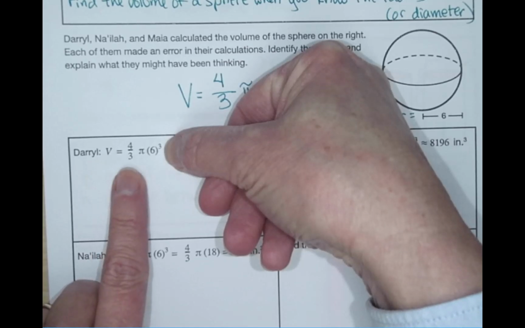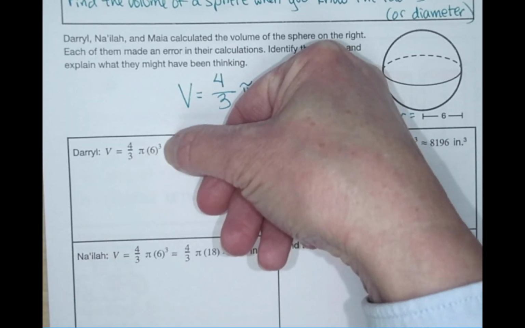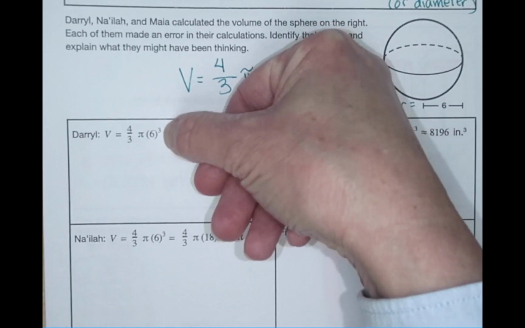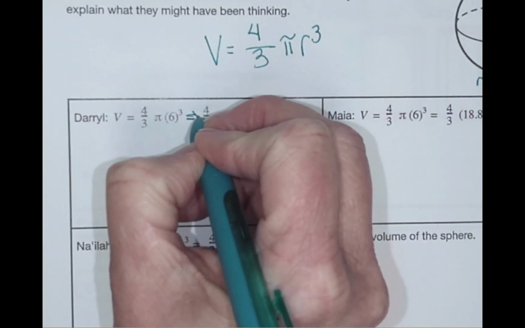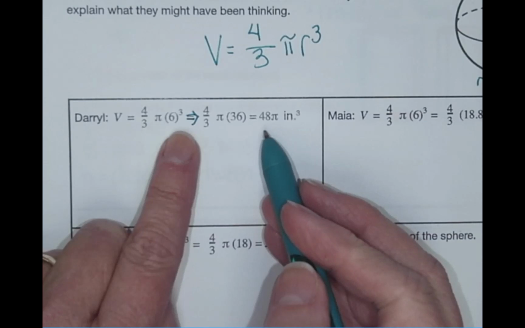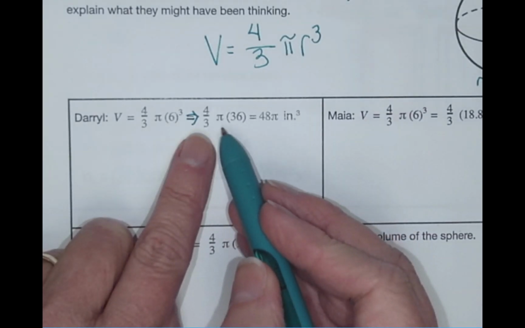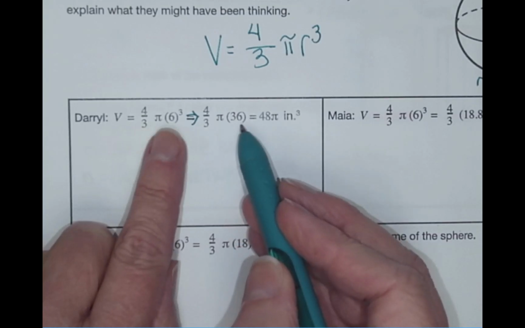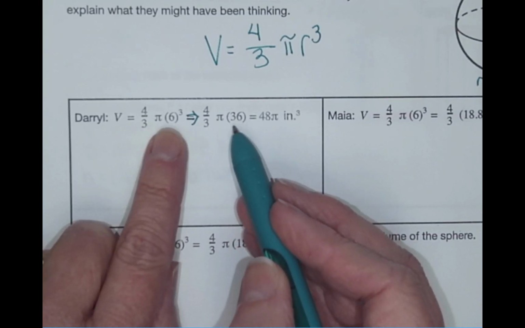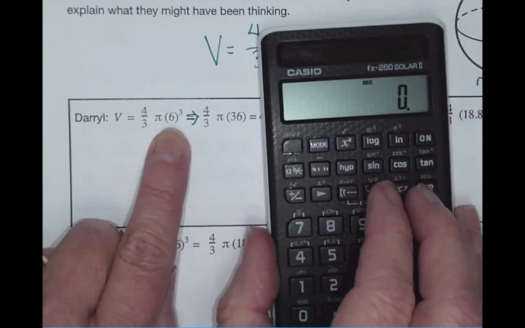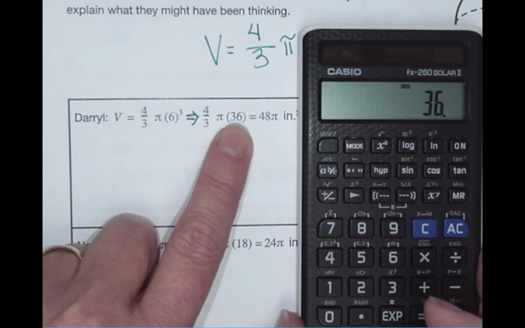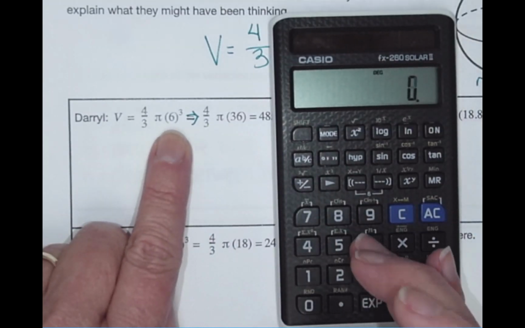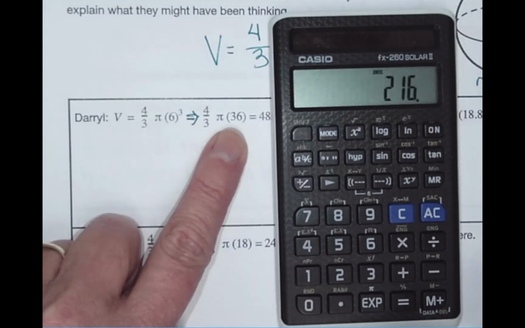Daryl said the volume was 4/3 times pi times 6 cubed. I'll remind you that means 6 times 6 times 6. Let me zoom in just a smidge here. And when he simplified it, he wound up with 4/3 pi, okay, that looks right, times 36. Well, something seems a little off here. And I think what it is, he was so used to doing pi r squared, he just did 6 times 6. That's 36. But we need 6 times 6 times 6. That's 216.